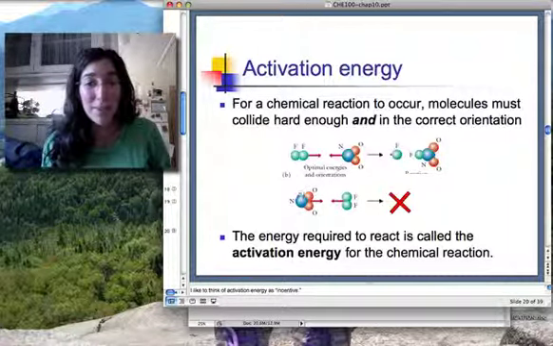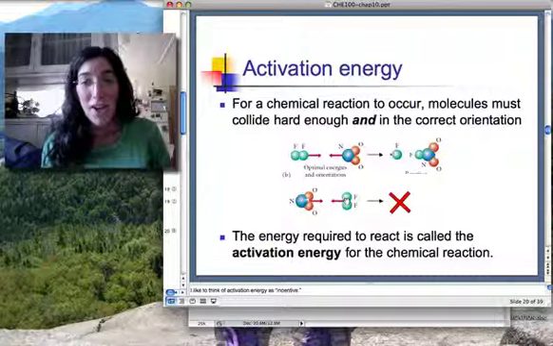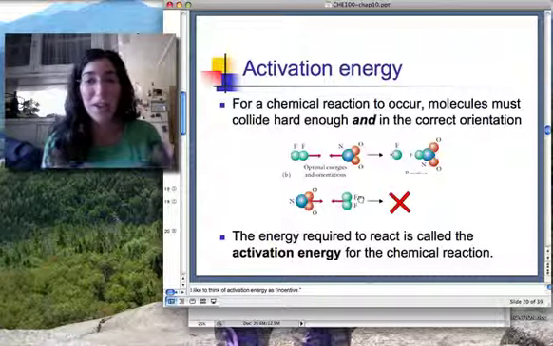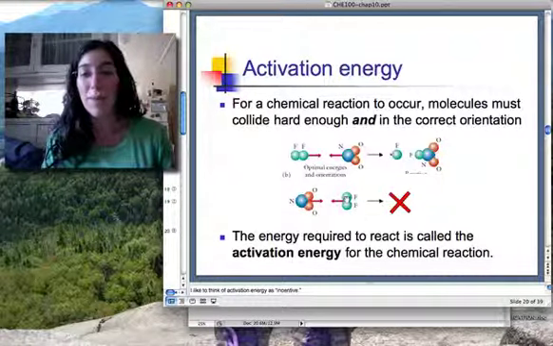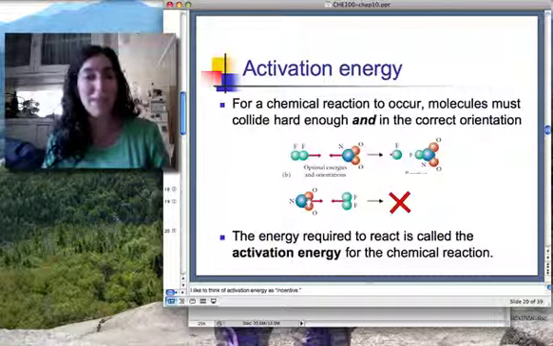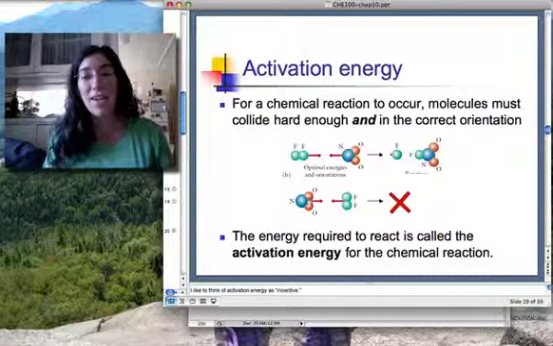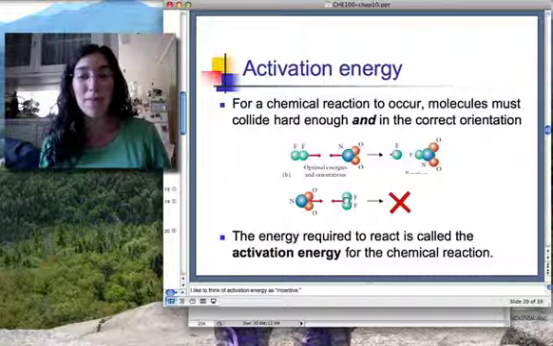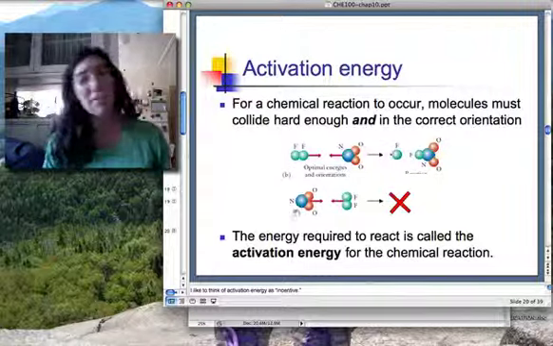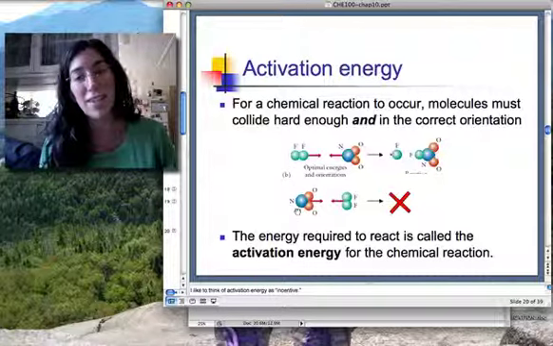In this example down here, you have them crashing in the opposite orientation. So this fluorine atom or molecule is crashing into the back side of the nitrogen dioxide, and the bond can't form that way. If you break this bond right here, this fluorine would have to jump around to the nitrogen on the other side, and that doesn't really work that way.